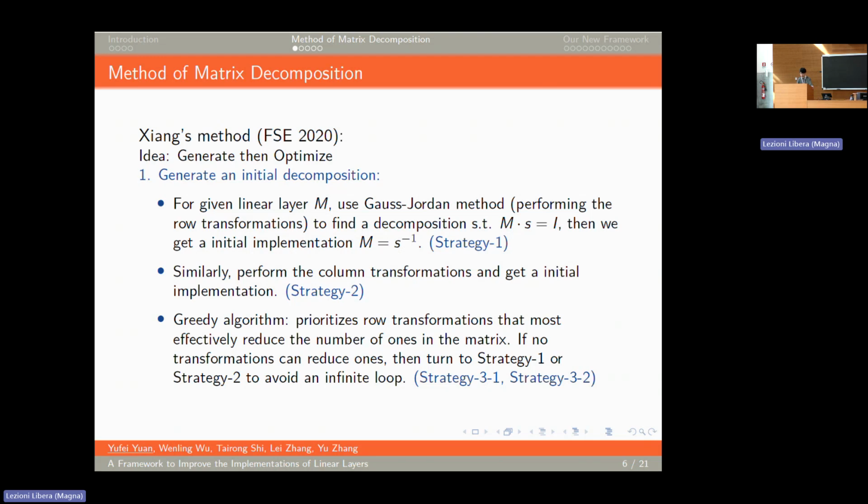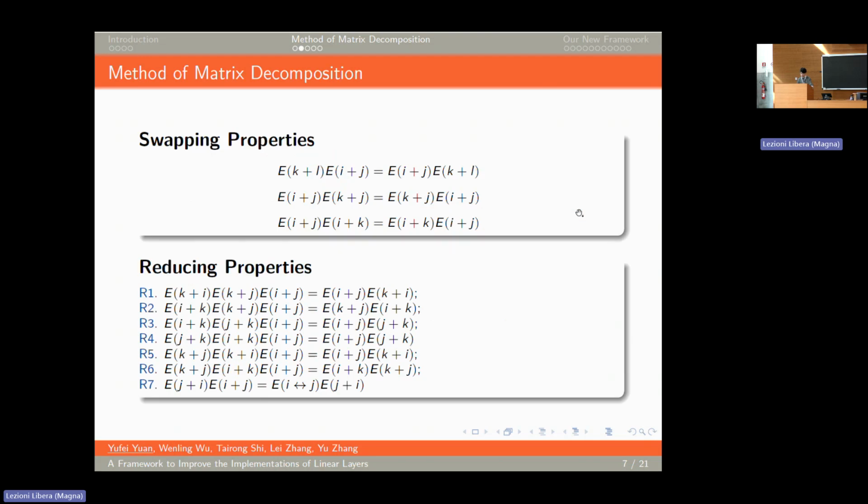They also introduced the swapping properties to determine whether two type 3 matrices can be swapped. And they also introduced the reducing properties to determine whether the adjoining type 3 matrices can be replaced by a better implementation.